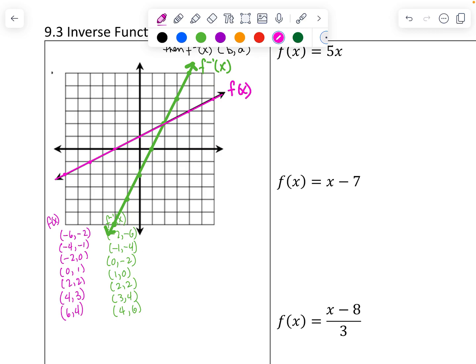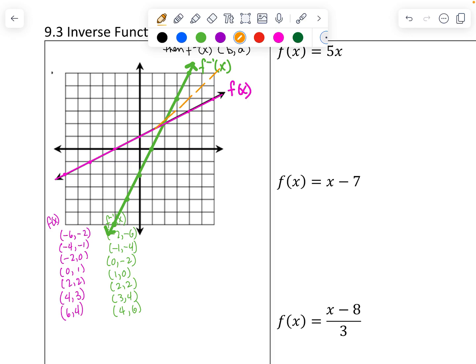and something that you're going to be asked every day in Canvas is what is the line of symmetry, or what is the fold line? And the fold line is the line y equals x.